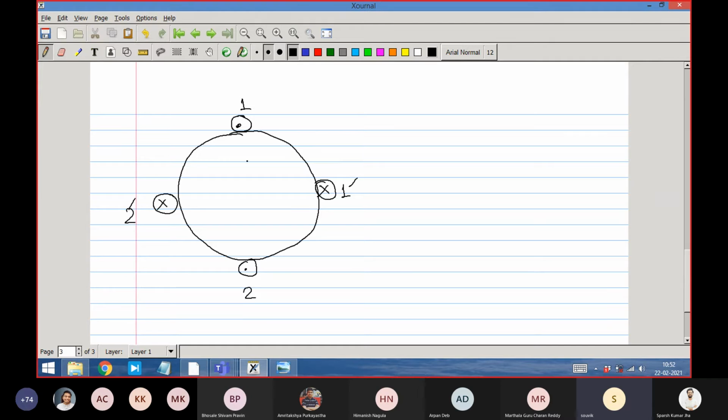Let us say it is a stator coil. I'll try to draw. I don't know how good I will be at drawing. I want to show the magnetic field here. Let me try to draw first a circle as well as I can. I'll put a lot of air gap.